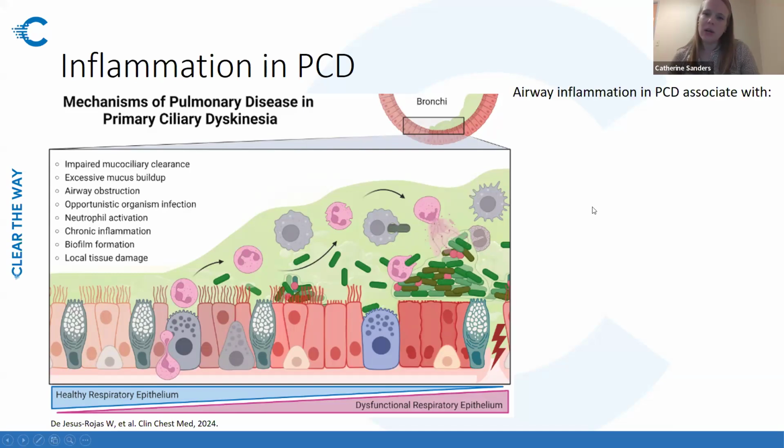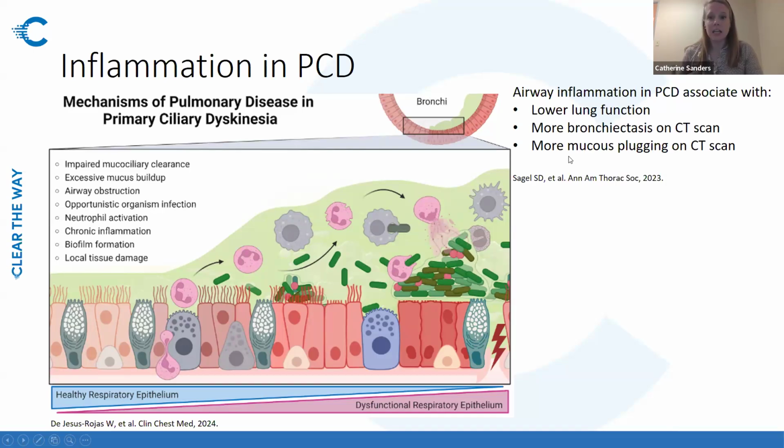And there's been studies looking at airway inflammation in people who have PCD. And they can actually measure some of those substances that are released by cells of the immune system. And people who have higher levels of inflammation who have PCD have lower lung function. Next. They have more bronchiectasis, that damage to the airways, and more plugging up of their airways seen on CT scan.